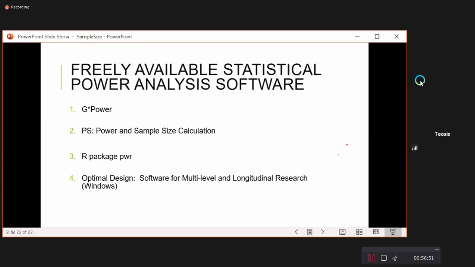Probably we may conduct a randomized control trial, or a cohort kind of study, or other kinds of designs. So what minimum sample size is sufficient in order to conduct research? And in terms of effect size, I think the lowest is 0.2, the medium is 0.4, and the larger is 0.8.